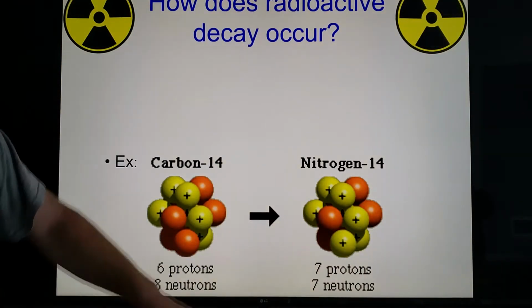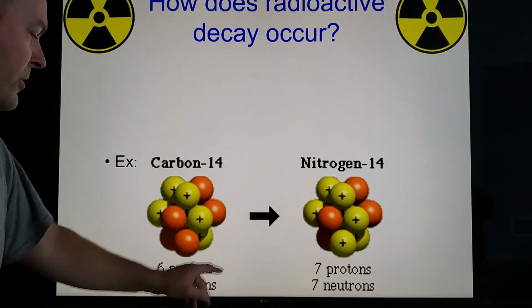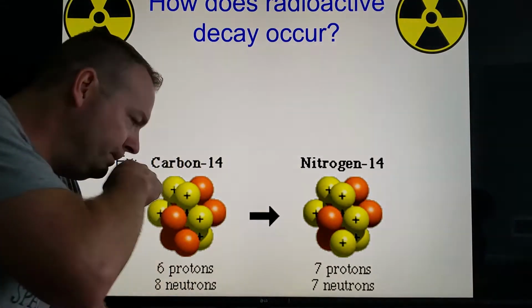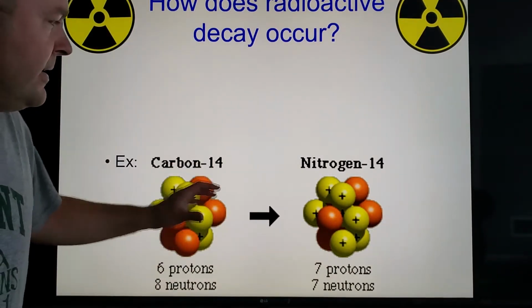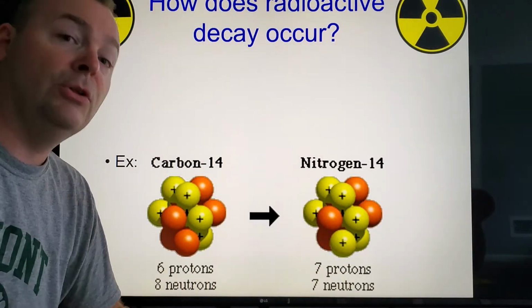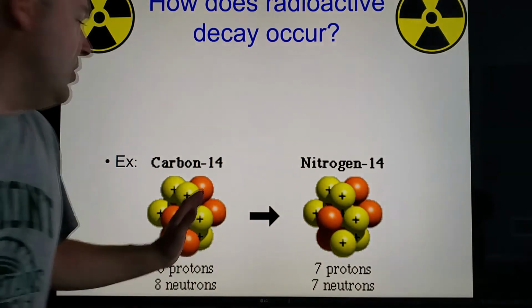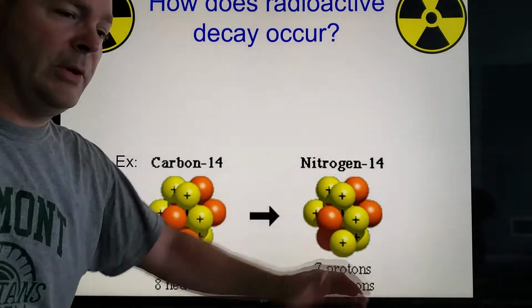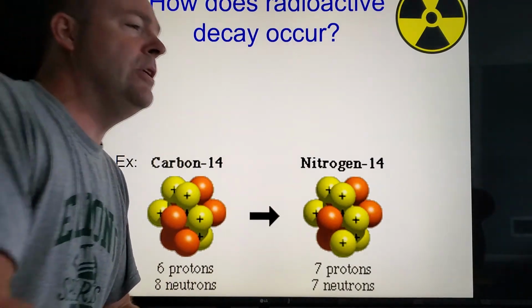So how does radioactive decay occur? Well, carbon-14, for example, is an unstable isotope of carbon, and as it's breaking down, it turns into nitrogen-14, and it does so at a predictable rate. When it's at certain points, we call them half-lives, we know how old it is.